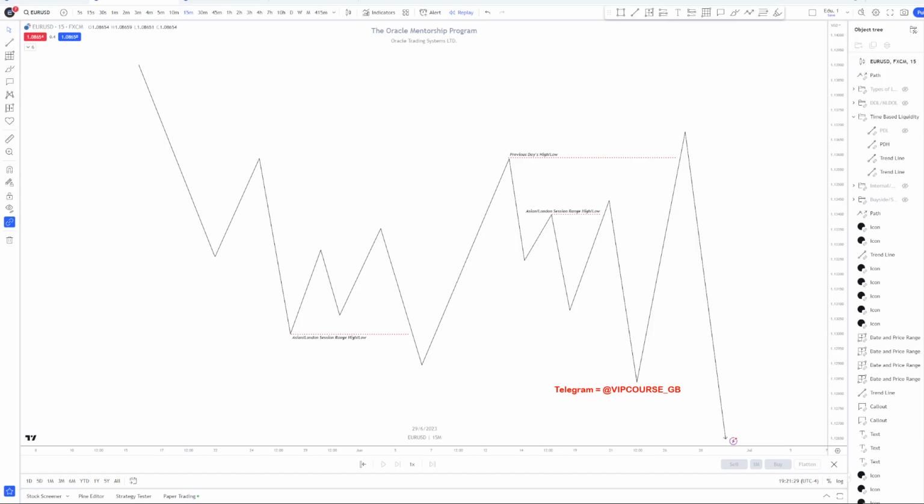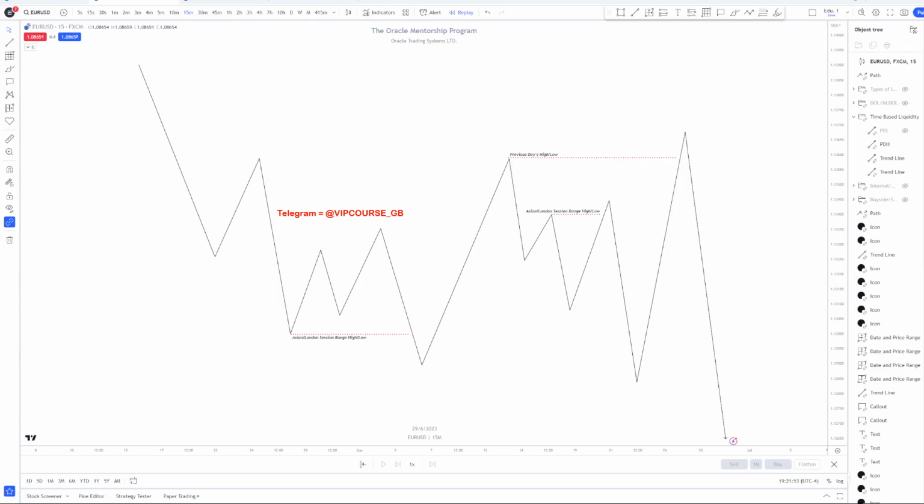The reason for this is because we have to view areas, or windows of time rather, as whether they include institutional involvement or not. So Asian range, for example, has institutional involvement. The London session has institutional involvement.